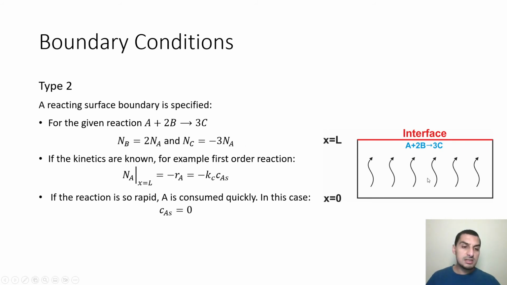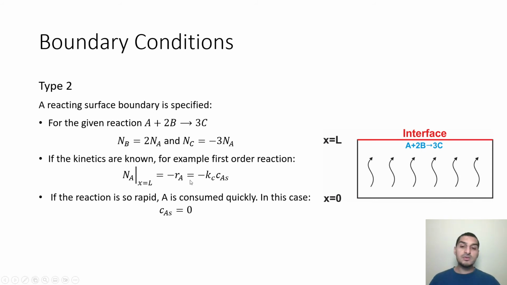The reason is that the fluxes of A and B are from 0 to L, and the flux of C is from L to 0. So A and B here are getting consumed, so their concentration is small, and C is produced, so its concentration is high. So C would go from high concentration to low concentration, and A and B from high concentration to low concentration. So that's why we have this negative sign here.